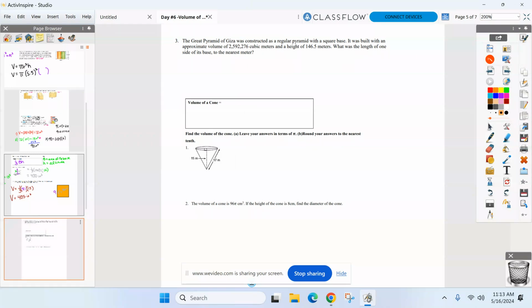Have you ever heard of these pyramids? We learn about these like every year. What do we know about them? Where are they? Egypt. Okay, they are in Egypt. And Giza.